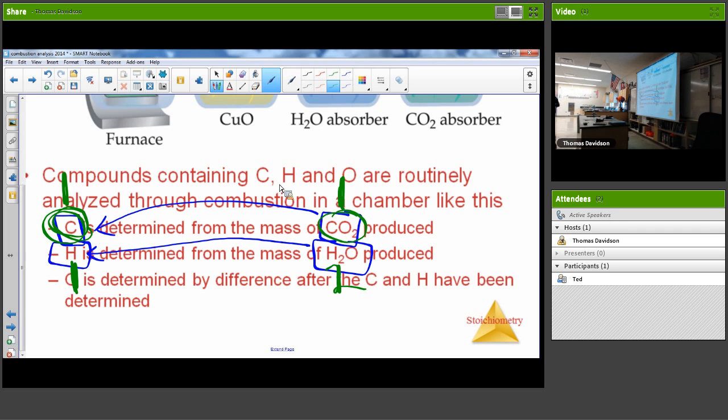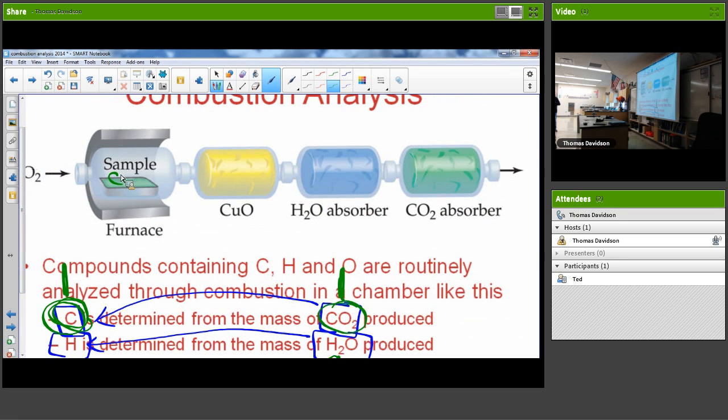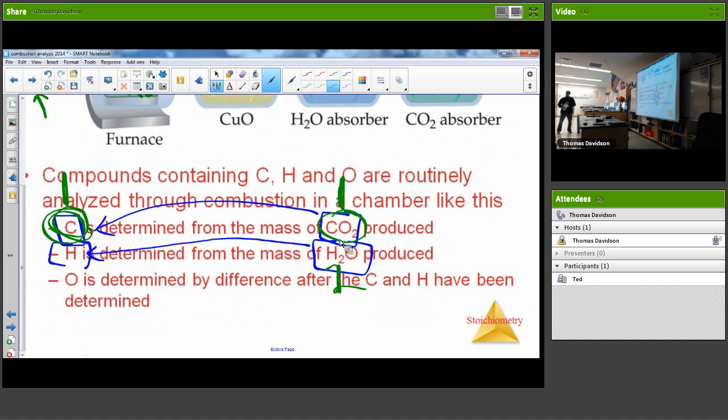Now, O is determined a little bit differently, because if you look up here, I might have something that's C, H, and O in here, but I have O coming from the outside as well. So we can't use O from CO2 or H2O.